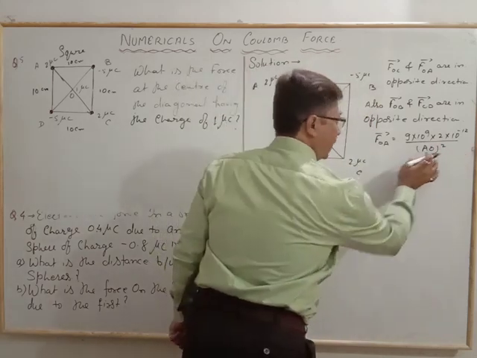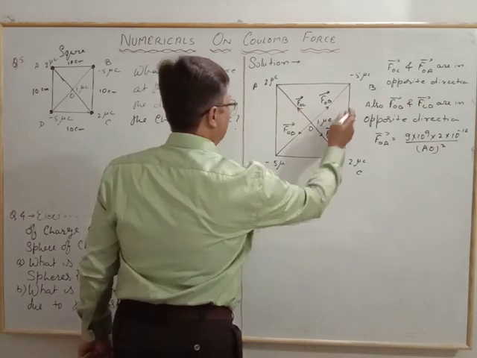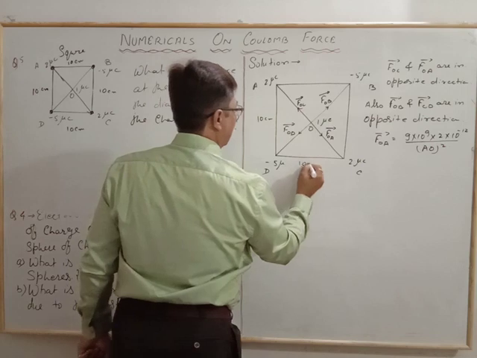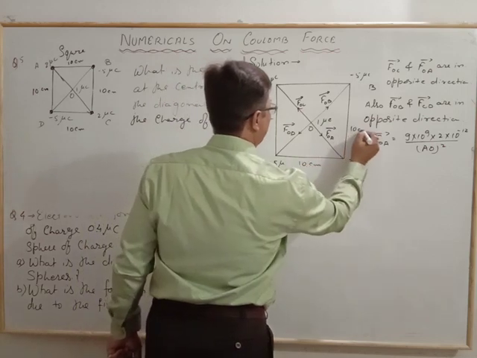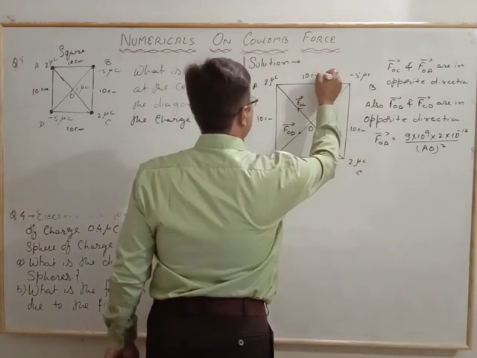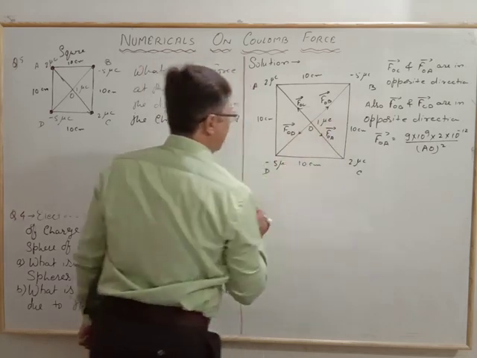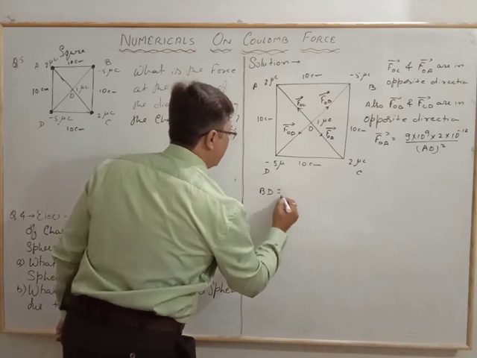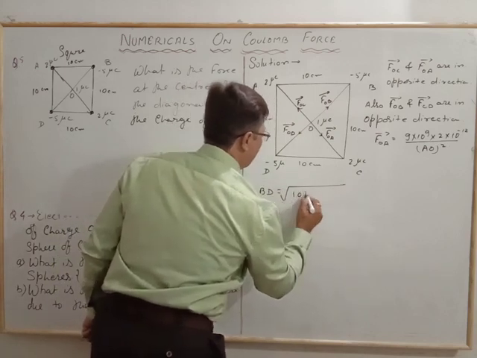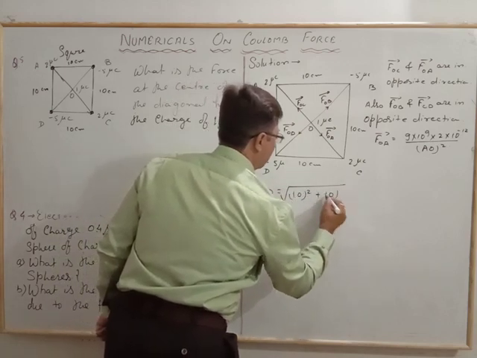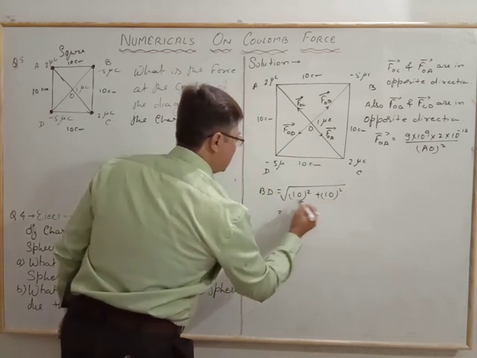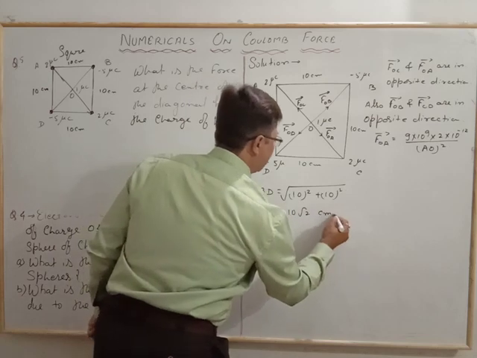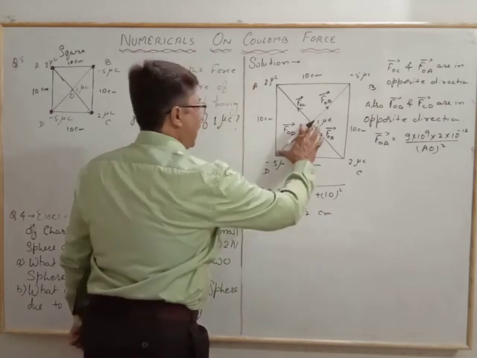Now we calculate the AO. Each side is given as 10 centimeter. First of all, calculate the diagonal. Let it be BD, and BD is equal to root under of 10 square plus 10 square. It will give 10 root 2, in centimeter.